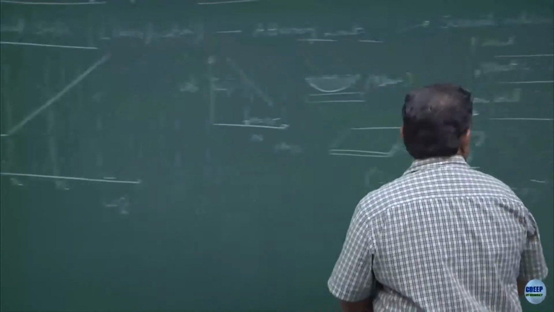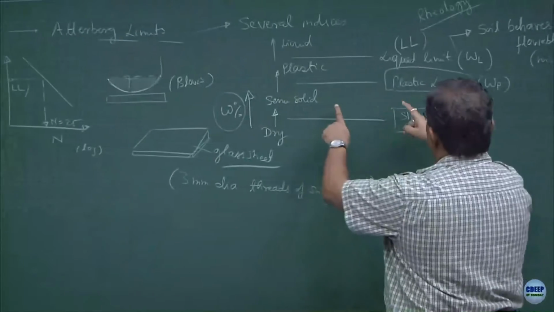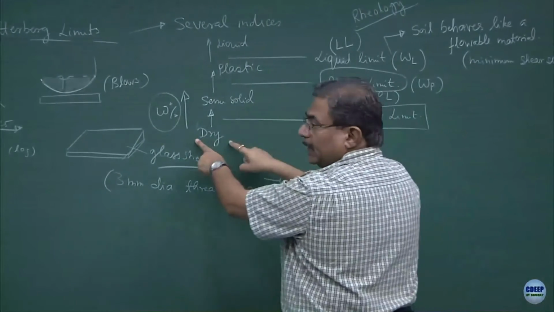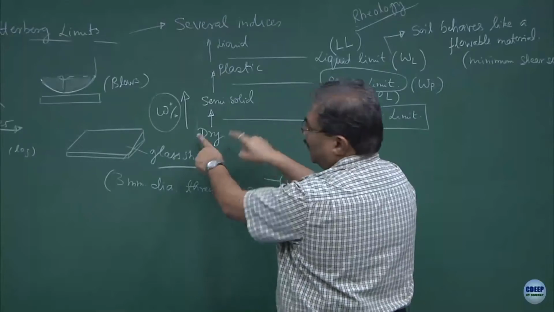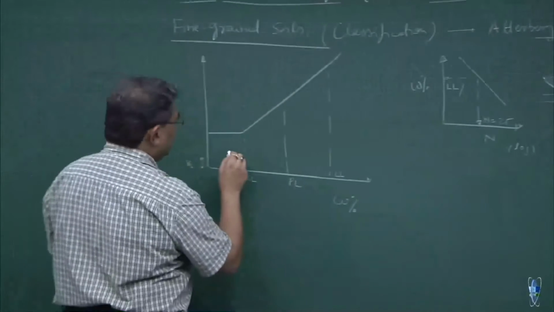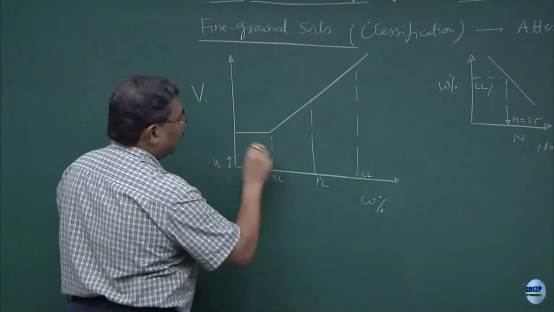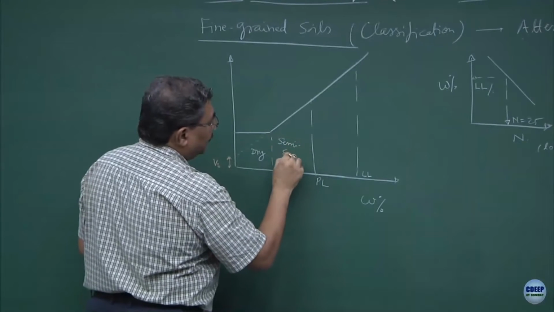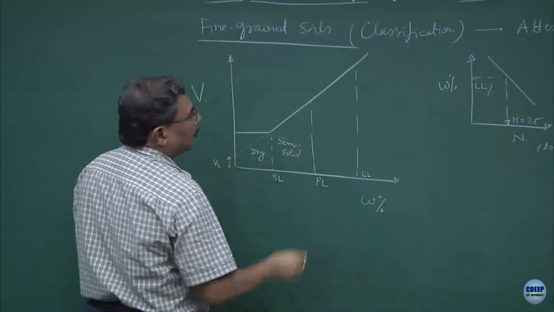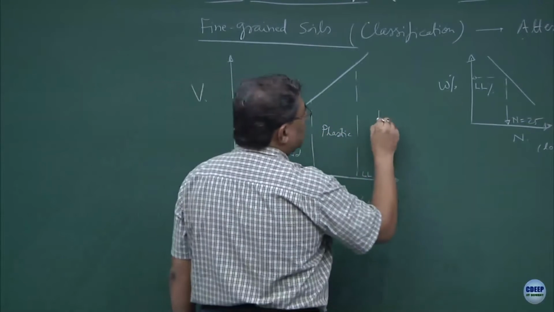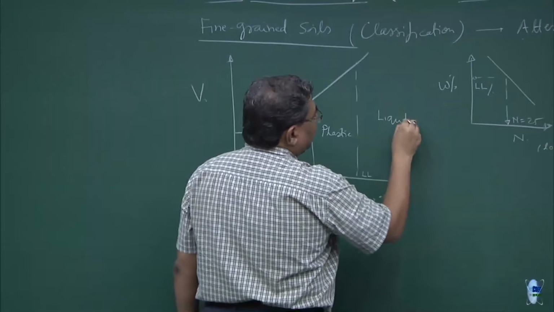So, to complete this discussion, anything below the shrinkage limit is going to be in the dry state. Now, if I translate it over here, this is going to be the dry state of the material, this is going to be the semi-solid state of the material, this is going to be the plastic state of the material, and this is the liquid state of the material.